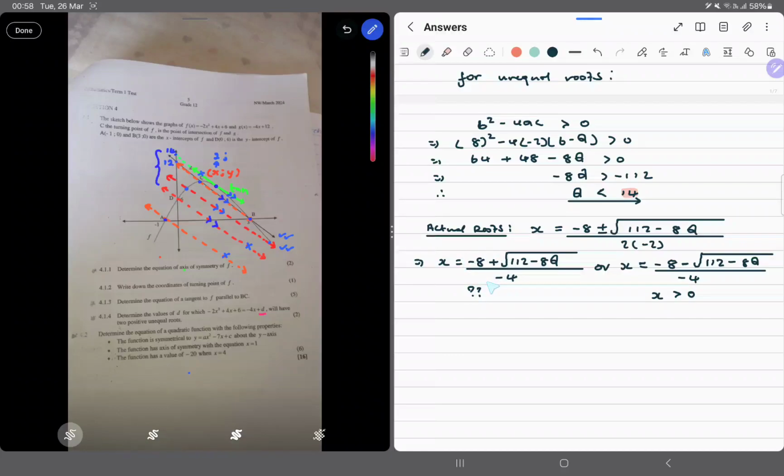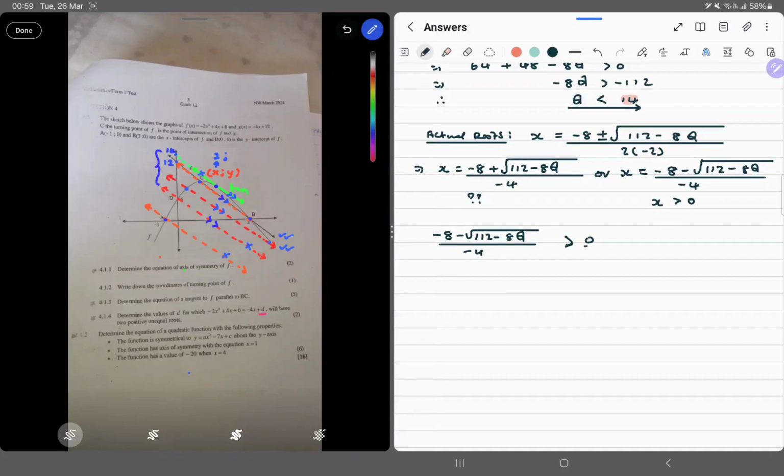It gives us a value less than 0 when it likes. So we're not going to focus on that. So we can say we appreciate that minus 8 minus the square root of 112 minus 8d, all over minus 4, is greater than 0. Because we said the roots must be positive. So for a positive root, this expression gives us positive values.